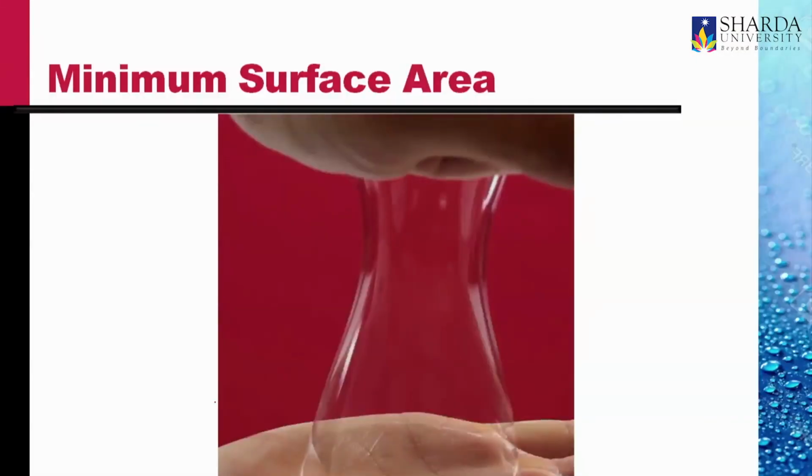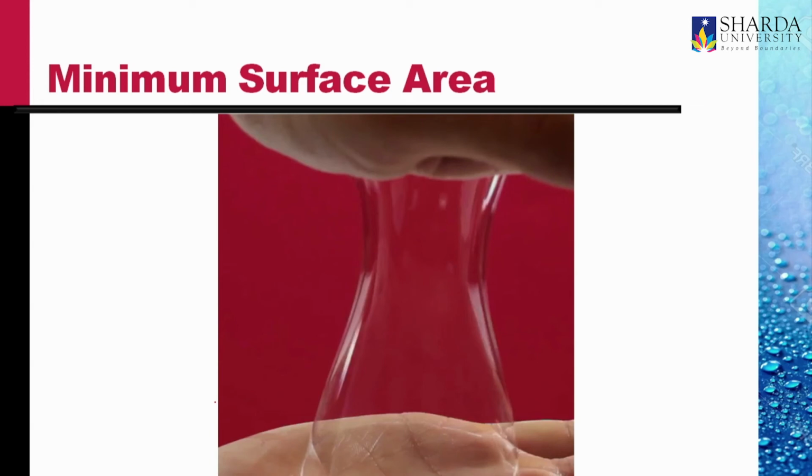In this video that we showed, when the two bubbles coalesce together and we stretch them by taking our hands apart, the bubble surface acquired this shape.